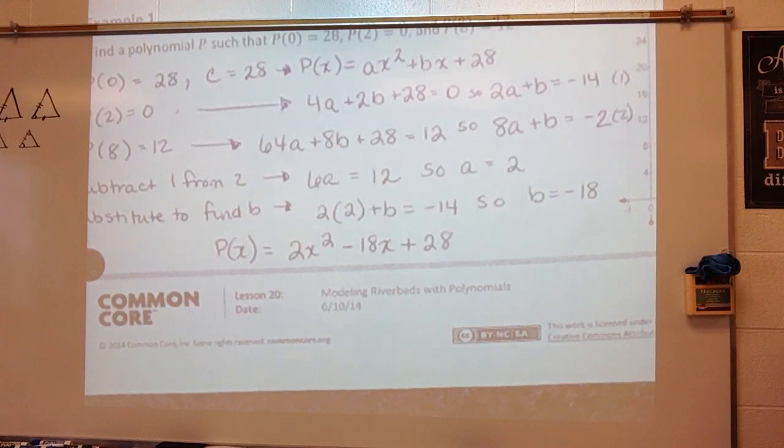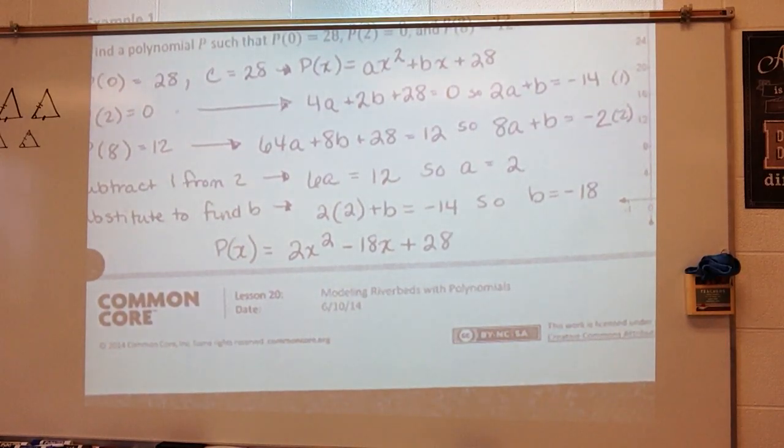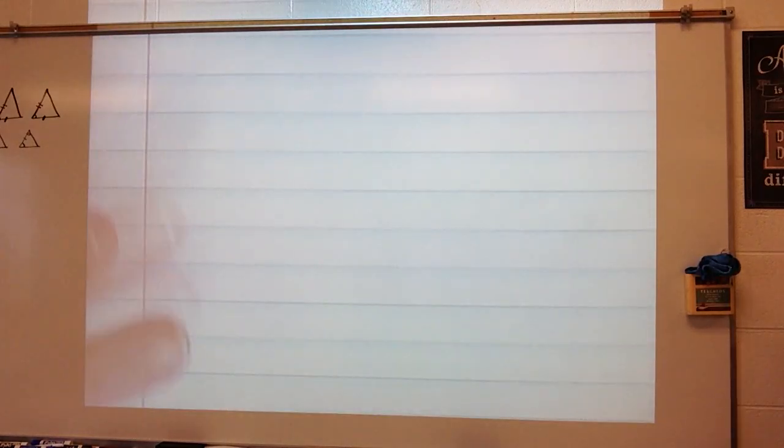Now, let me show you a different way to figure this out. I don't know if you will find it easier or more difficult, but I'm going to show you a second way that we could figure this out.